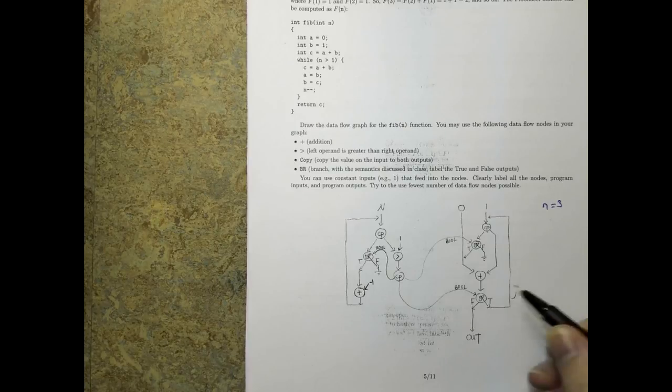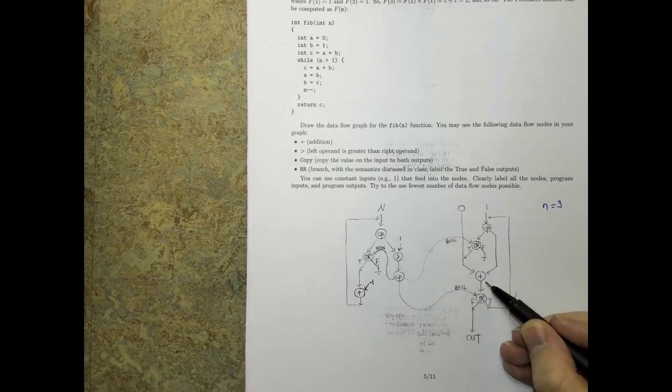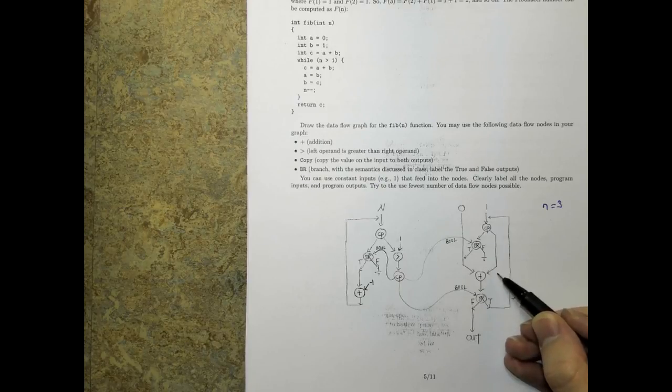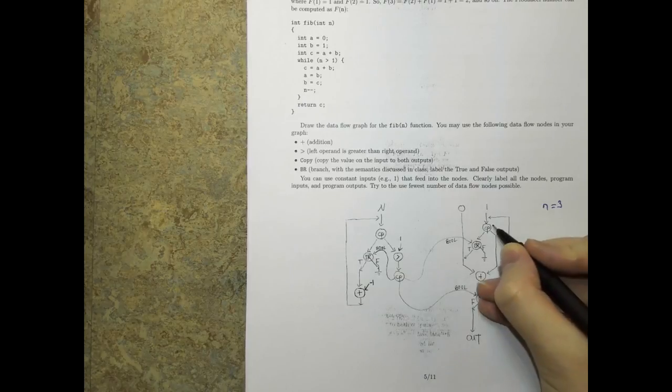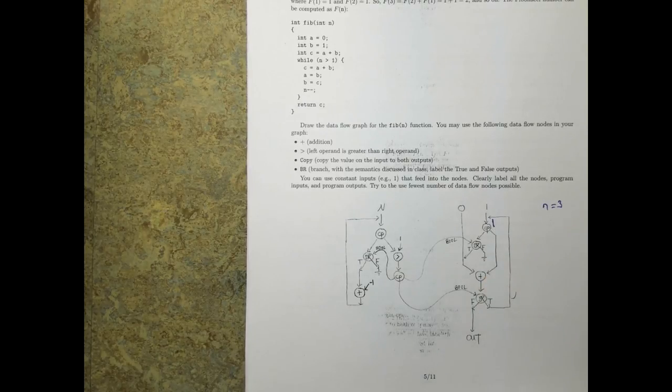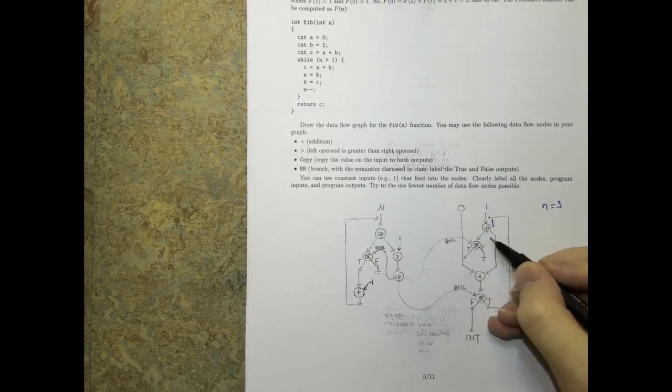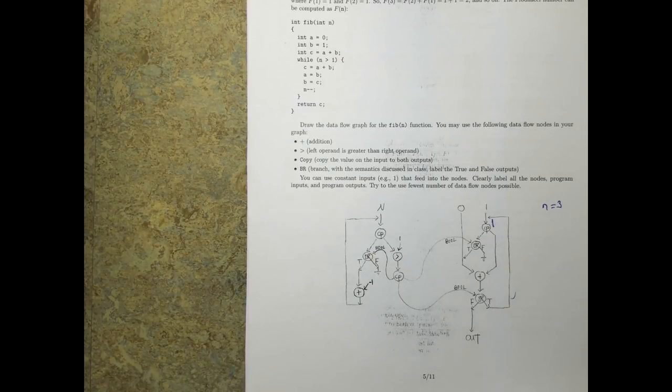But if you look at this addition here, it is not ready to fire yet, right? Because we don't have a token on this side. We have only a token ready on this side, which is 0. I will write the ready tokens like this here, and when a token is consumed, I'll just put a scratch on it.